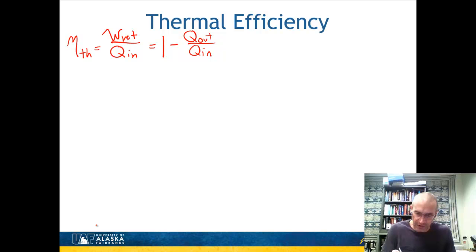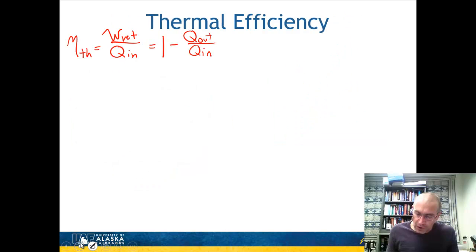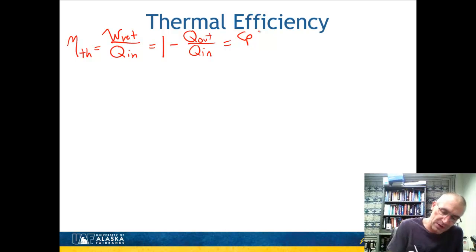Now, if we go back and look at the Q out and Q in steps, Q out is going to be 4 to 1, Q in is going to be 2 to 3, and we can look at what that is. We can write that in terms of Cp, constant pressure, since this is an open system. Q out is Cp times T4 minus T1, and the heat in step is Cp times T3 minus T2.